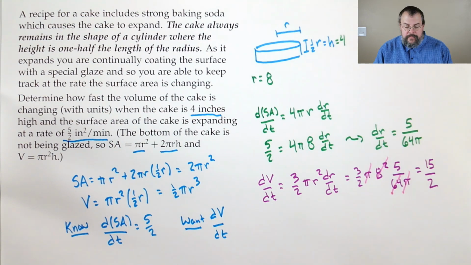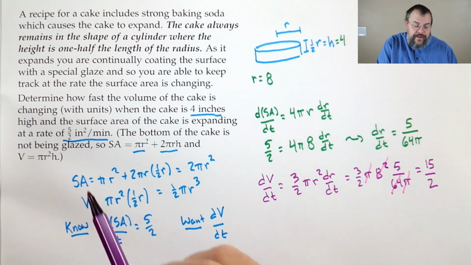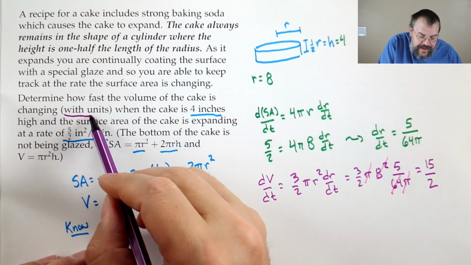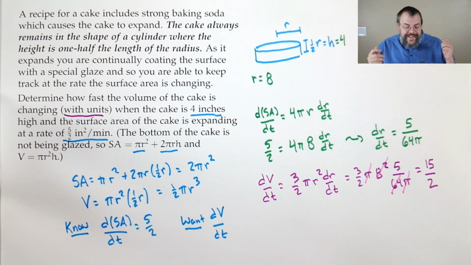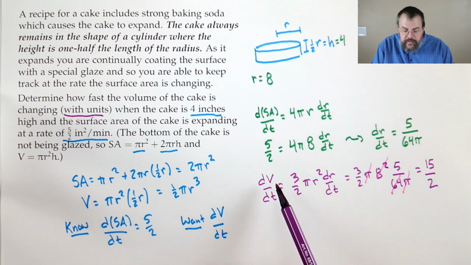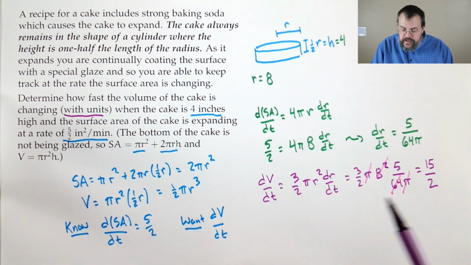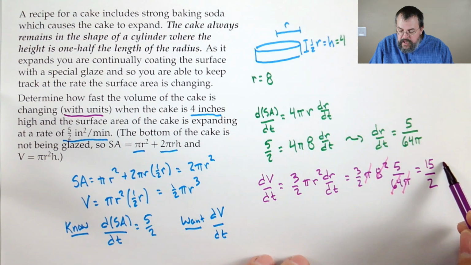Okay, but we can't finish yet because we really do want our units. The problem actually asks us to give units. So what will our units be? For volume, everything has been measured in inches, so volume would be inches cubed.